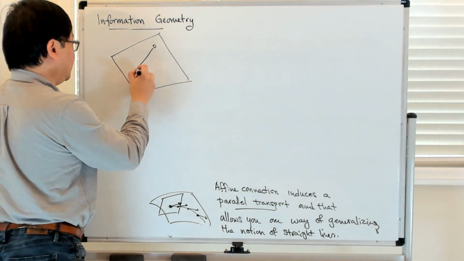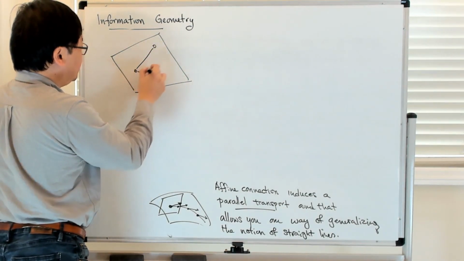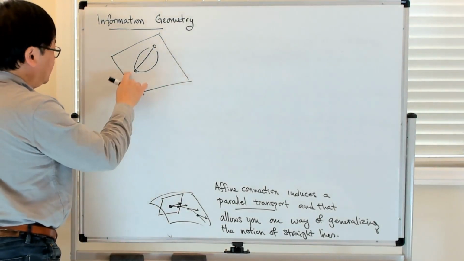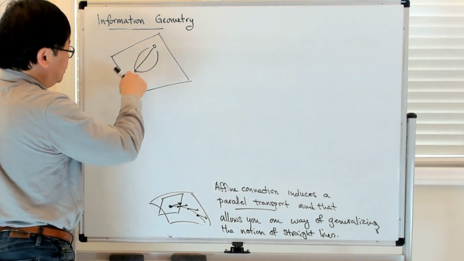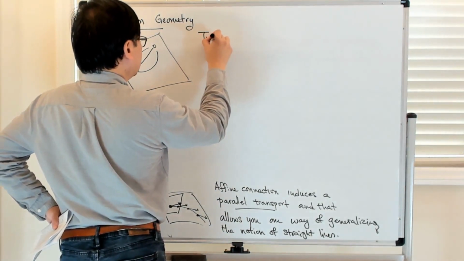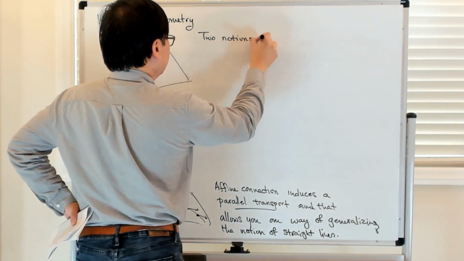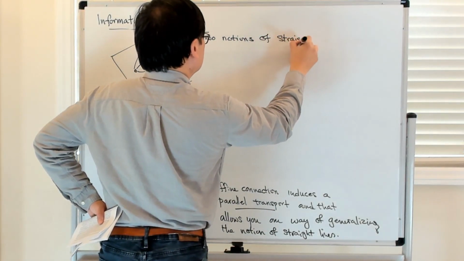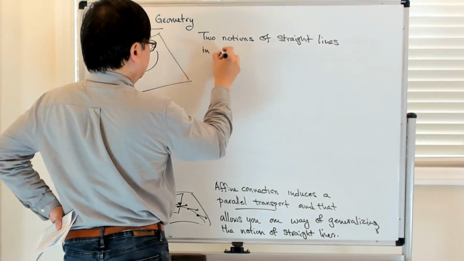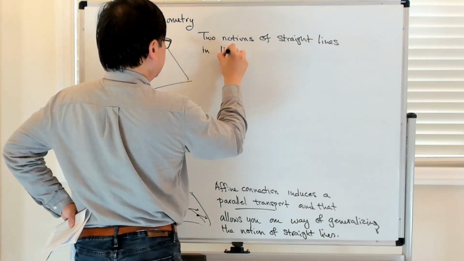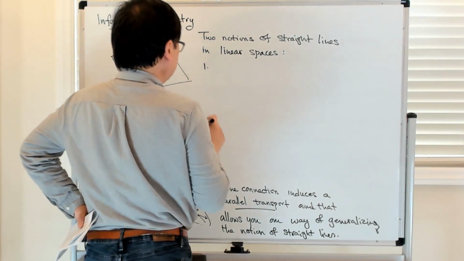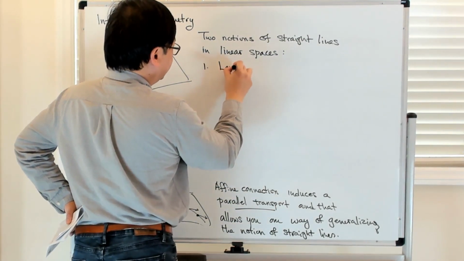One is that, of all possible paths connecting those two points, the straight line is the one which minimizes the length. So these are two notions of straight lines in linear spaces, one of which is this idea of length-minimizing curves.